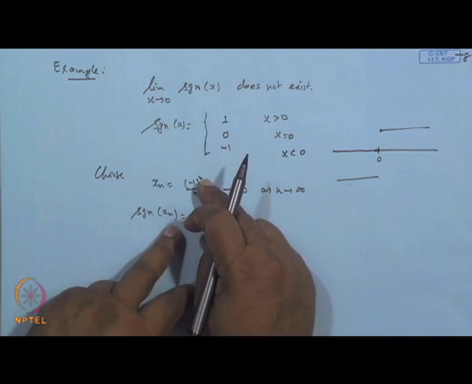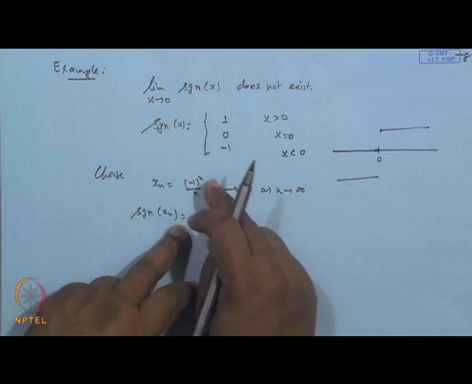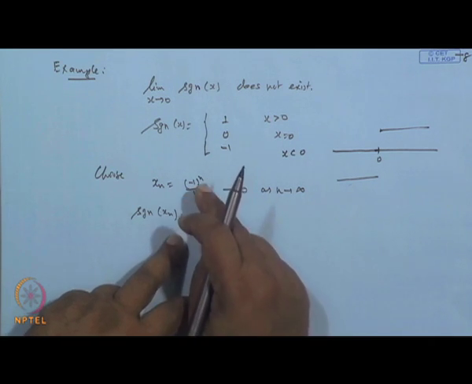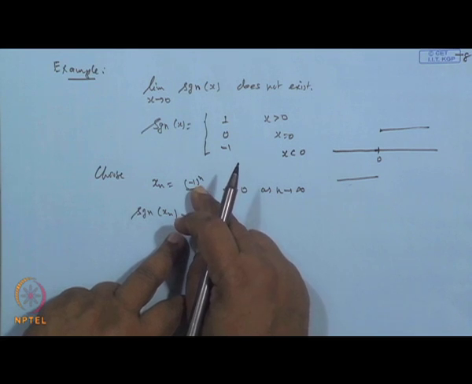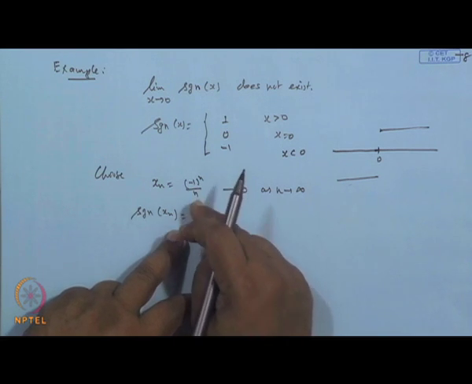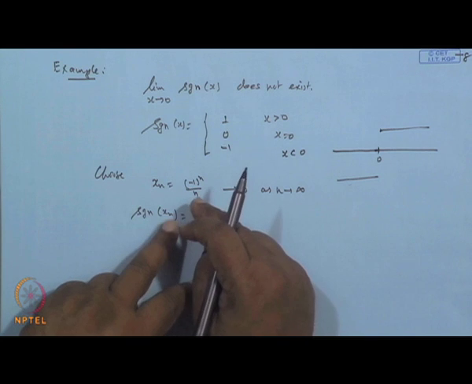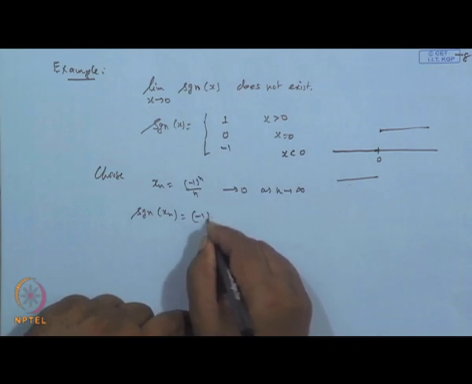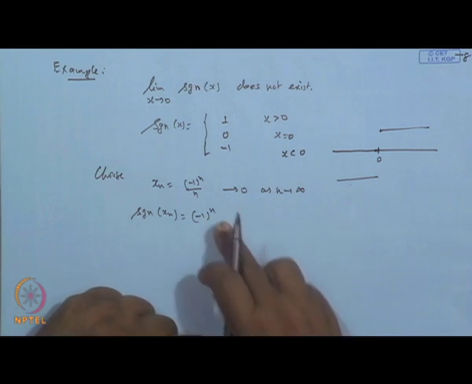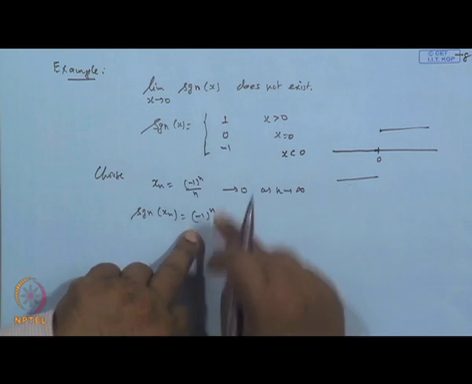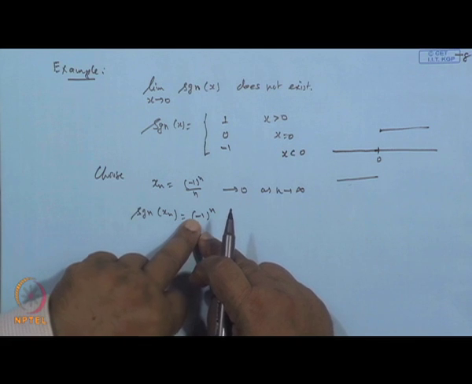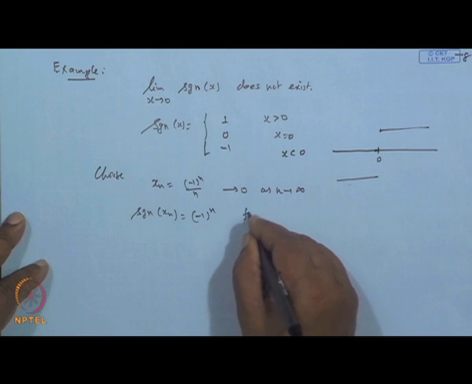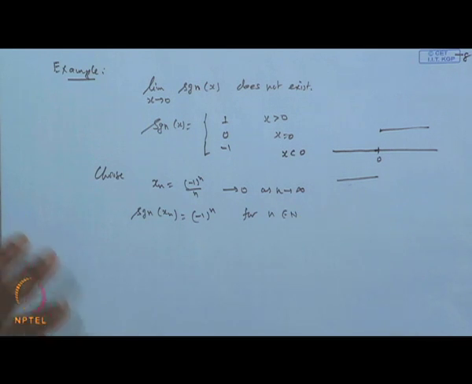When n is even, it is positive, +1, and when n is odd, it is negative, -1. So, when n is even you get +1, when n is odd you get -1, for all n belonging to the natural numbers.